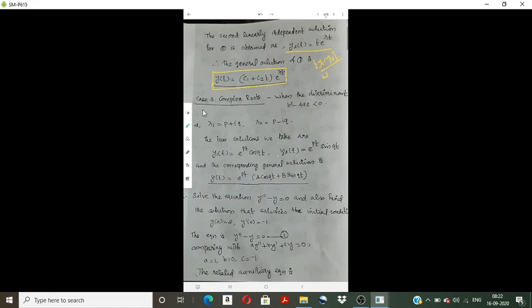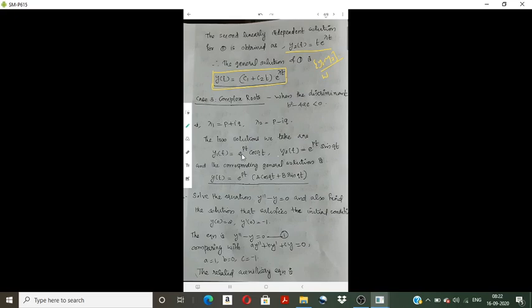Now we discuss the case when the auxiliary equation has complex roots, that means when the discriminant is negative. So we take one root as p plus iq and the second root as p minus iq. This also we will discuss in detail in another section, so here we just mention the solutions.